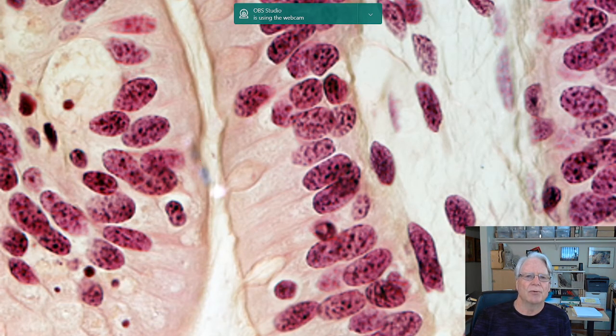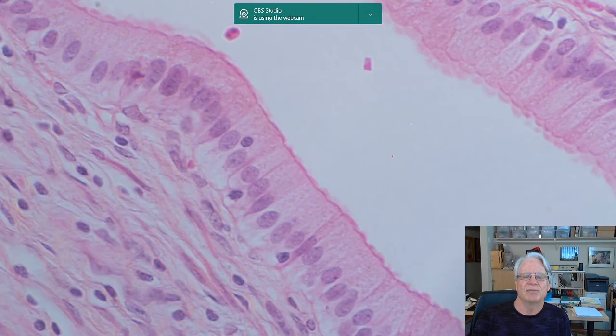All right, so first of all, let's see if we can identify one of these cells. Okay, there's the cell. Notice now the difference in the shape and position of the nucleus. All right, so let's do that again.